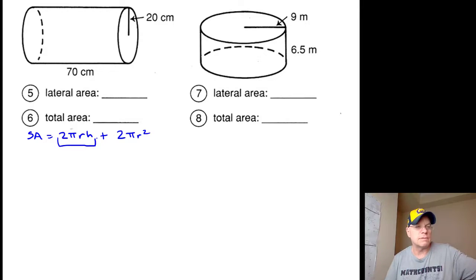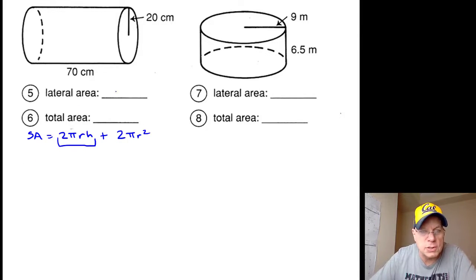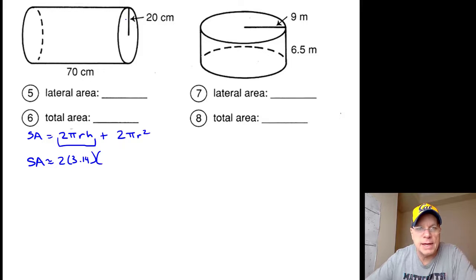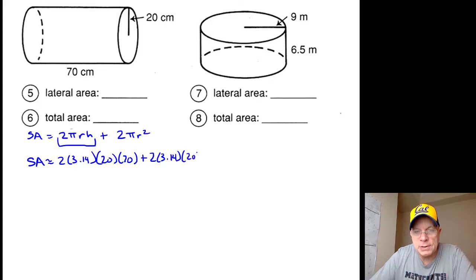It's the circumference of the circular base multiplied by the height of the cylinder. And so once I find this first term, I'll substitute into the lateral area. Surface area is approximately 2 multiplied by 3.14 multiplied by, they gave us the radius, 20, multiplied by a height of 70, plus 2 times 3.14 multiplied by 20 squared.